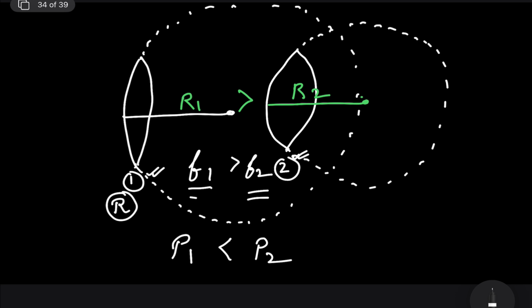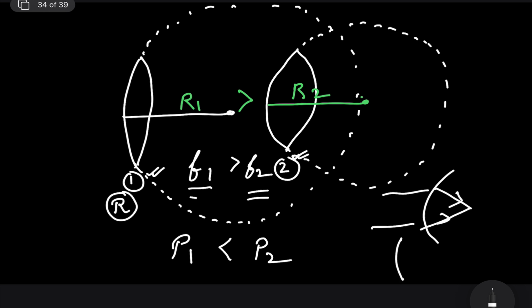If you did not get this entire thing, then let me make this very clear with just a single statement. The more curved the lens is, obviously the converging power of that lens will be more.